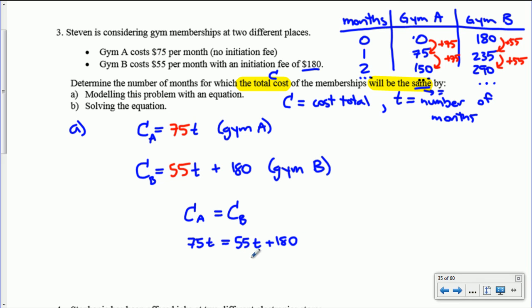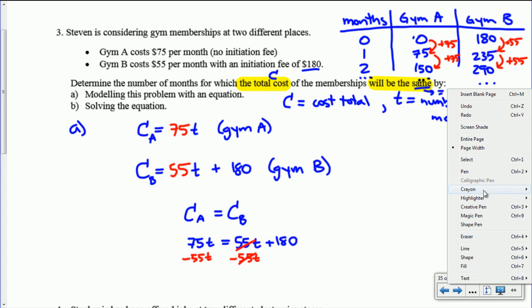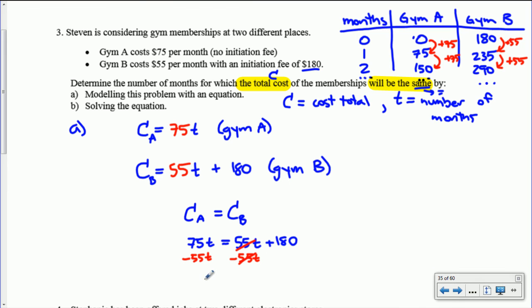So bring all the letters to one side, and all the numbers to the other side. So it looks like I've already got the numbers on the right. So I'm going to bring all the t's to the left. So I need to subtract 55t from both sides. 55t minus itself is 0. And 75 minus 55 gives us 20.